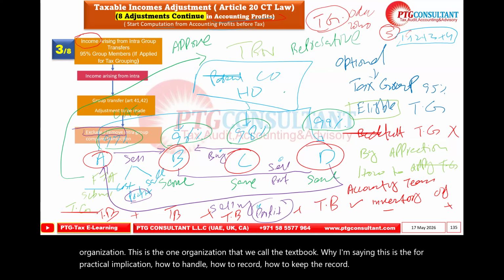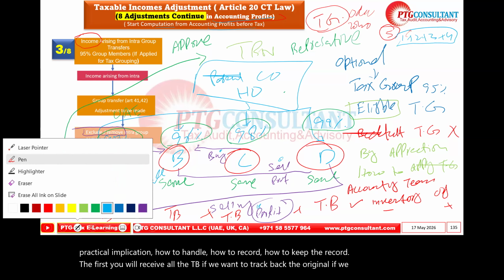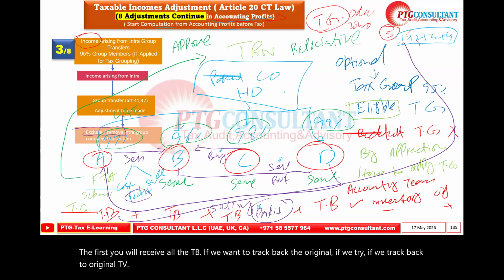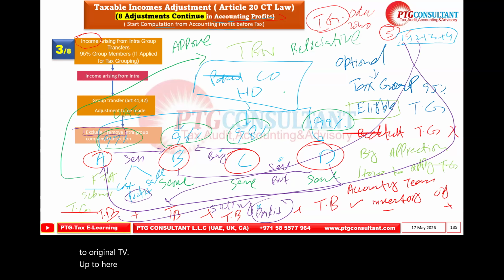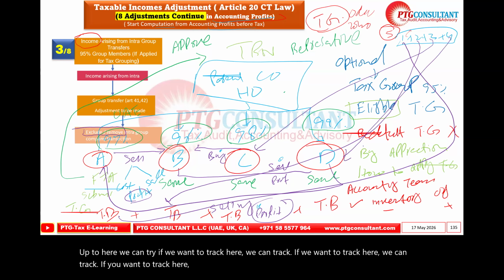First you will receive all the TB. If we want to track back to the original TB, we can track here, here, here, and here. So then we have all the TB and profit and loss. Then what will happen?